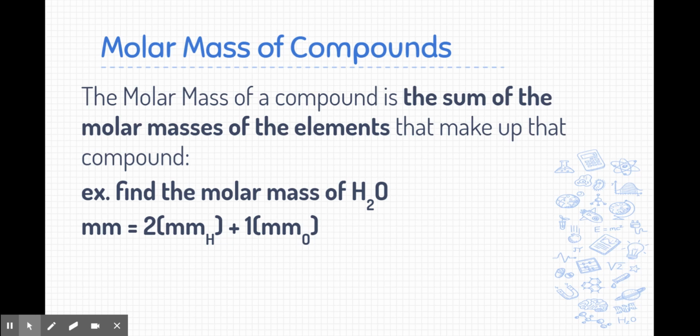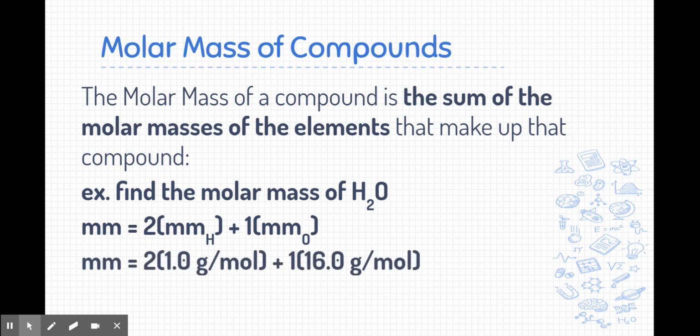So the mass of the entire molecule, 2 times the molar mass of hydrogen, plus 1 times the molar mass of oxygen. Of course, we get those values off the periodic table. We plug them in and sum the values. So the molar mass of water is 18 grams per mole. We can say that another way. If you have 18 grams of water, you have 1 mole of water molecules.